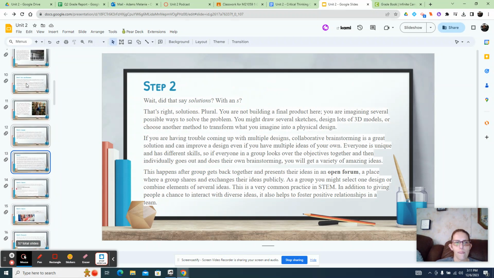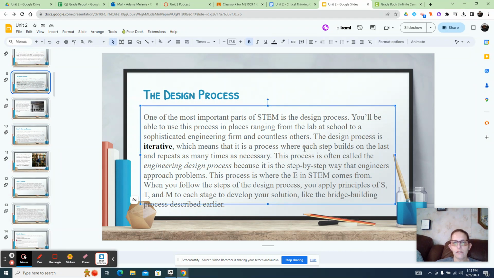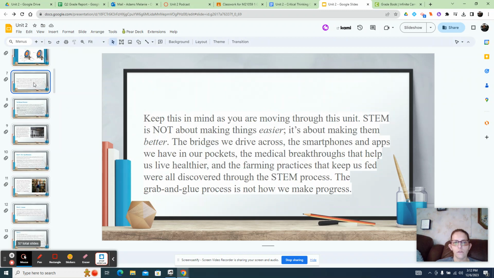Iterative means the steps build on the last and repeat as many times as necessary. This talks about each of the steps right here.